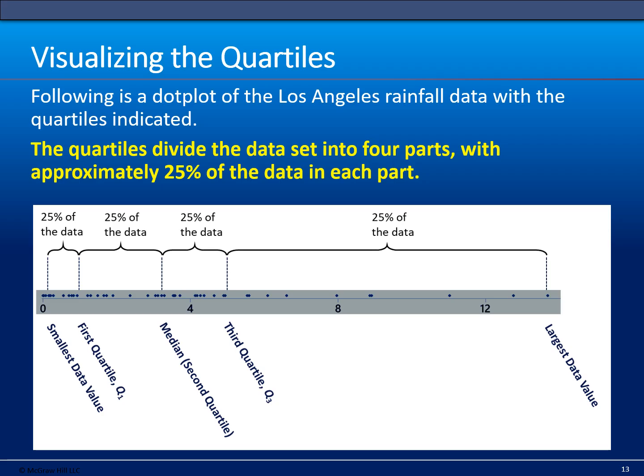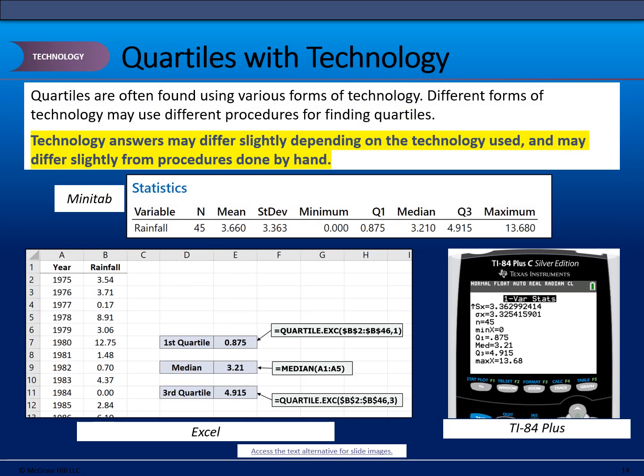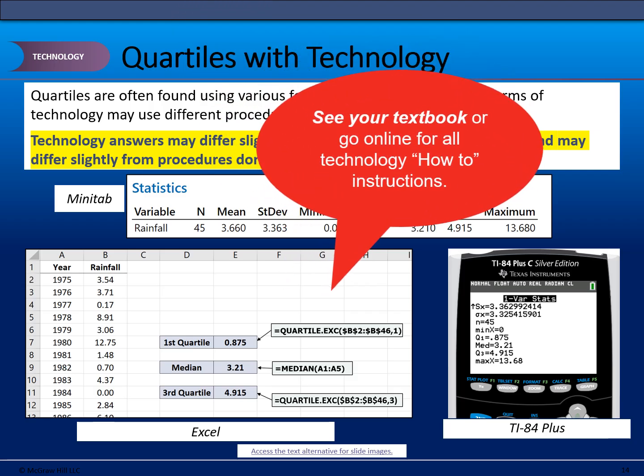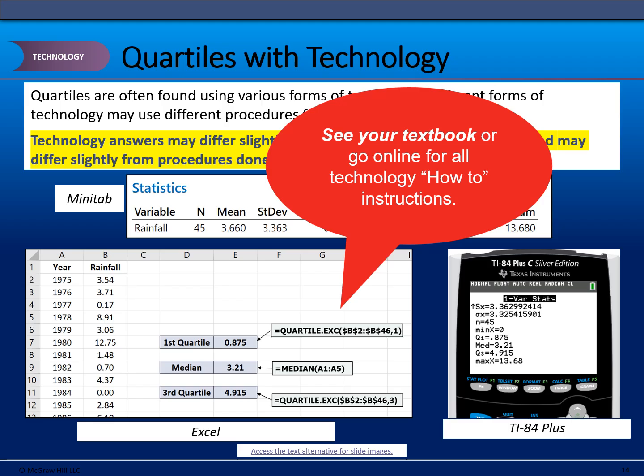Okay, where is the data in the graphs? Your technology does this automatically for you if you have those input values. And again, your book, section 3.3, has a great section on measures of position and how to use Minitab and how to use your calculator.